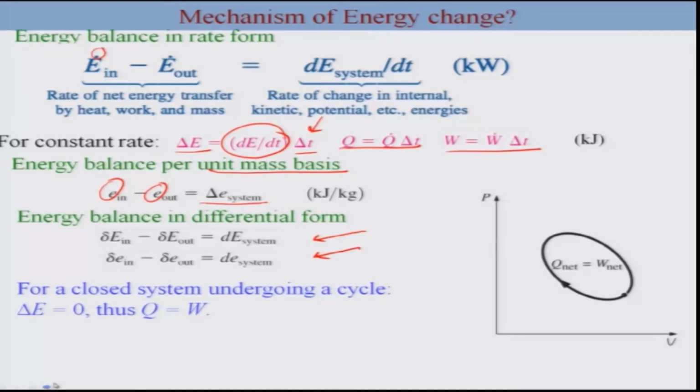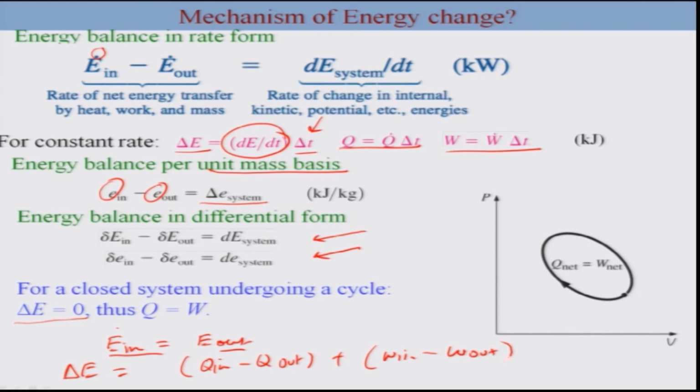So delta E should be 0 now, which means your E in should be equal to E out, right? So you can consider in this form, or you can write that delta E was your Q in minus Q out plus W in minus W out, and considering it is a closed system, the mass term is not there.